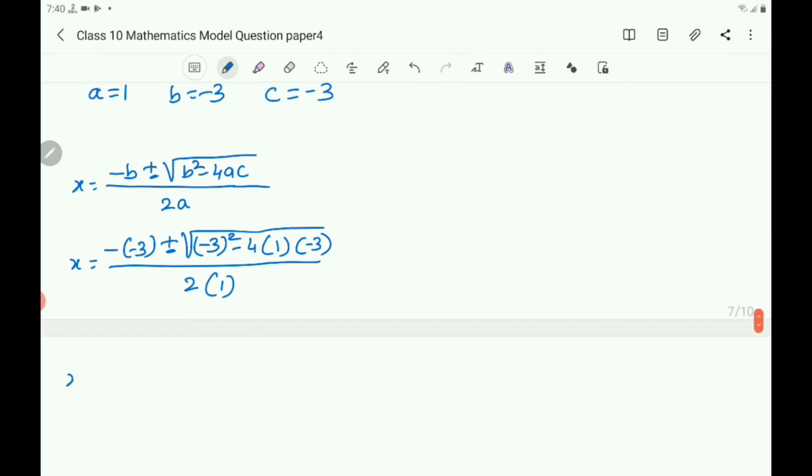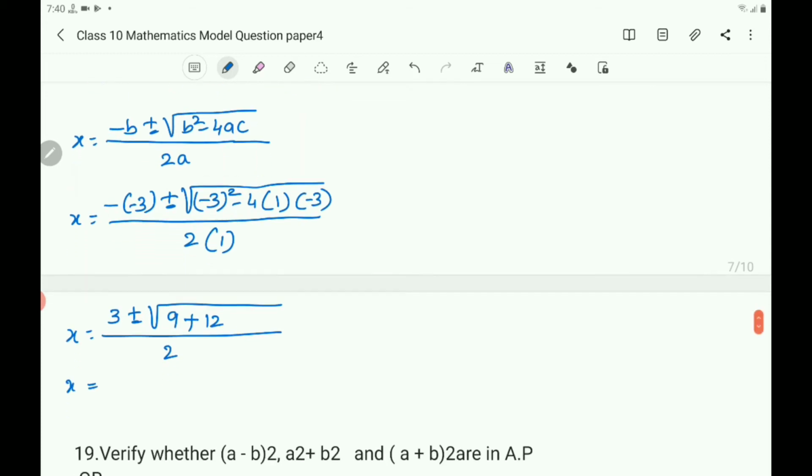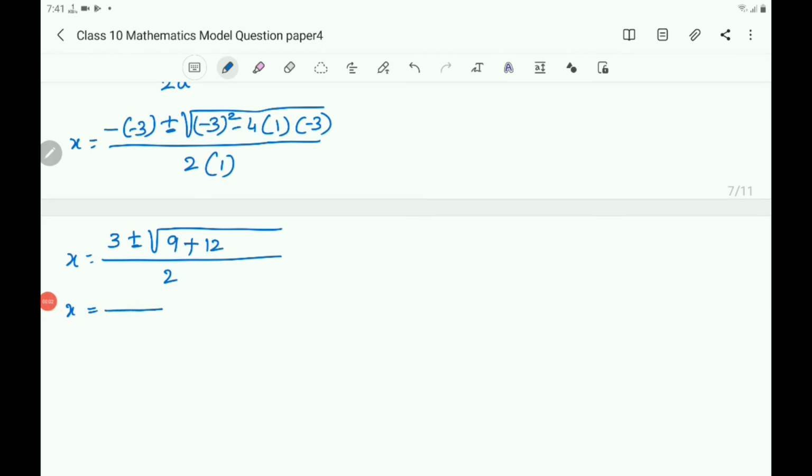Then x equals minus of minus 3 is 3 plus or minus whole root, minus 3 whole square is 9, and minus into minus is plus. Then 4 1s are 4, 4 3s are 12. 2 1s are 2. Then you write x equals 3 plus or minus 9 plus 12 is 21 by 2.